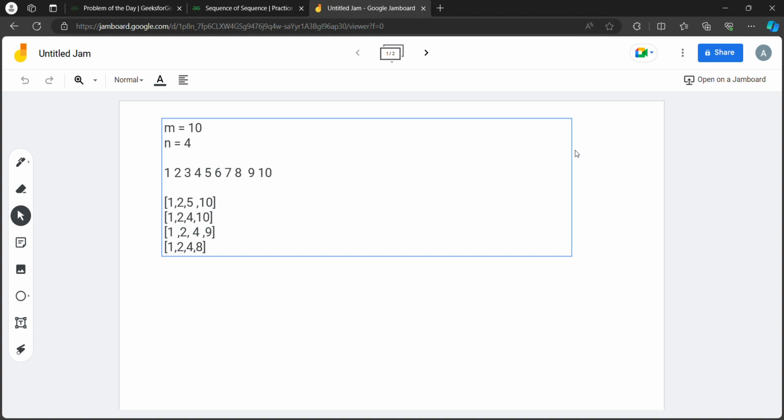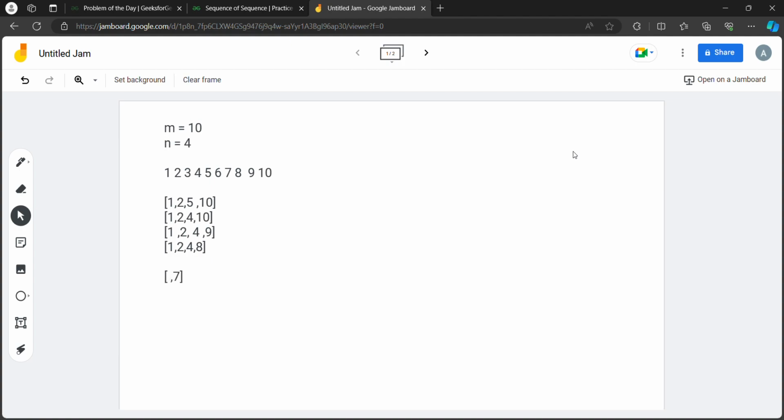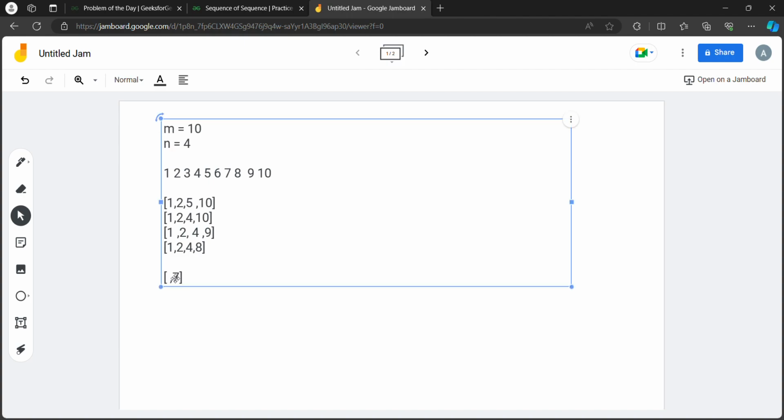If we take 7 as our last element, then what is the possibility of the second last element? The second last element is 7 by 2, which is 3, and the third last will be 3 by 2, which is 1.